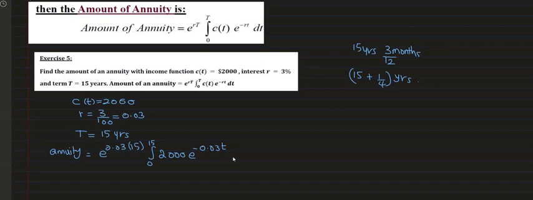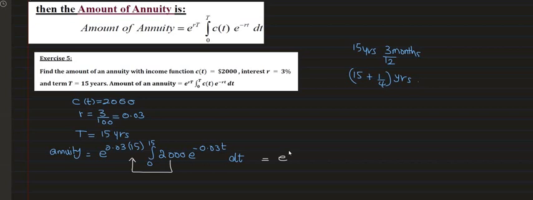That t is not going to be replaced. Only the capital T is the term, and the small t is the one to be integrated in that formula. So here, this integration, of course, is direct. We can take this 2000 outside because it's a constant, and we have only to integrate the exponential.